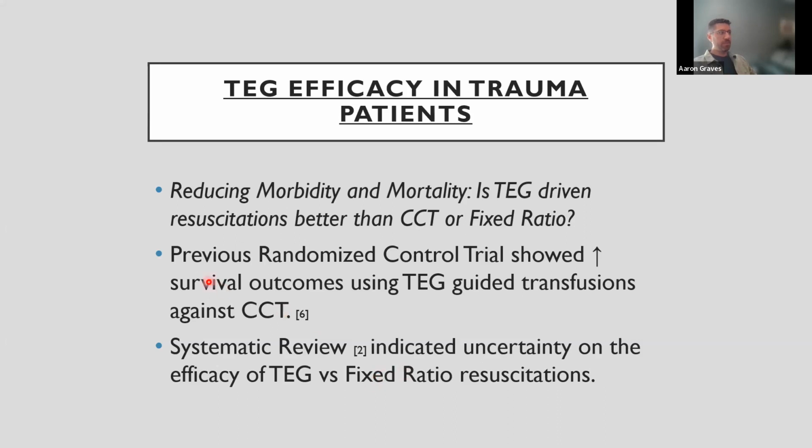A previous randomized control trial that looked at survival outcomes using TEG-guided transfusions against conventional coagulation testing found that there were improved survival outcomes. That being said, the primary systematic review that I used for this paper did throw some uncertainty on the efficacy of TEGs versus fixed ratio resuscitations.